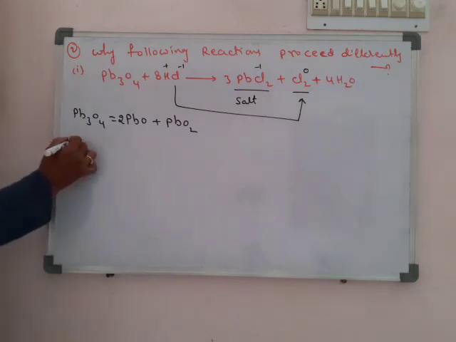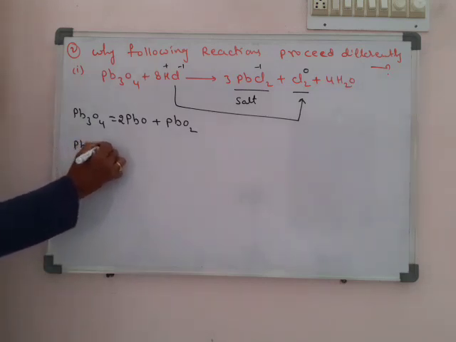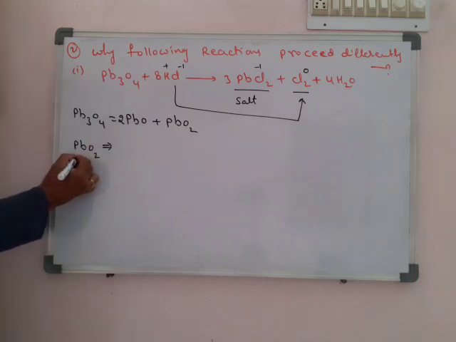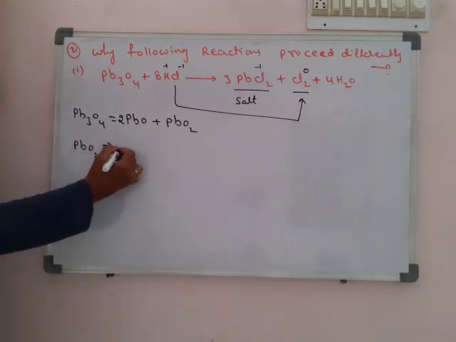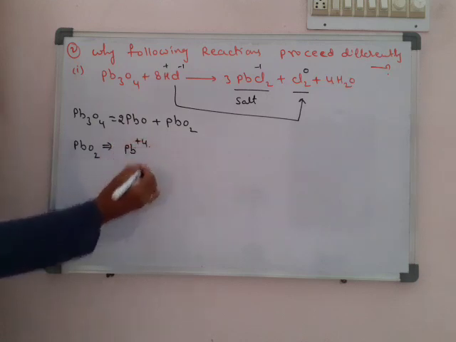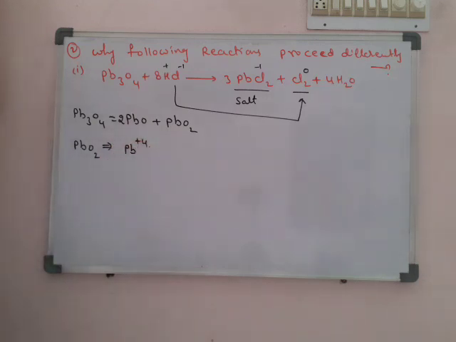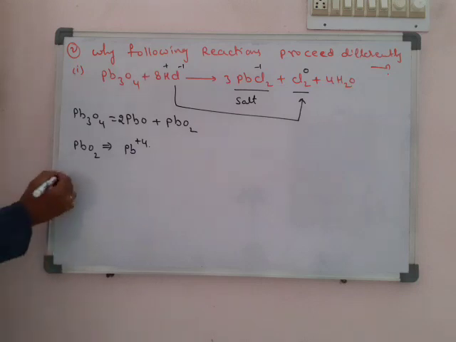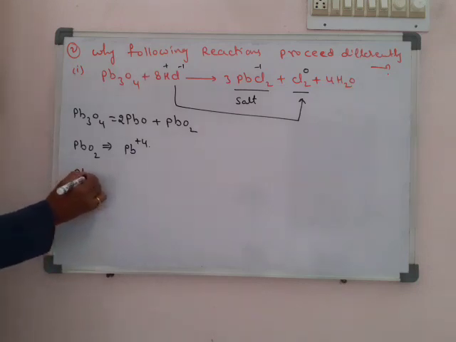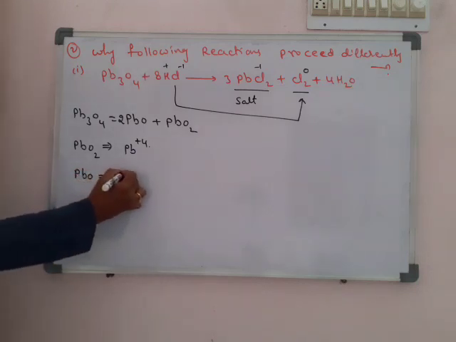So if you observe the PbO2, what is the oxidation number of lead? Pb plus 4. Okay, so now what is the lead oxidation number in PbO? So PbO లో oxidation state ఎంత మనకి lead కి, so O minus 2 అంటే Pb plus 2.